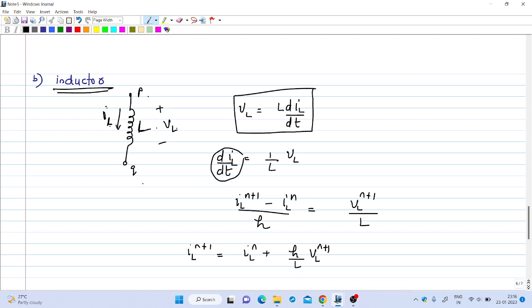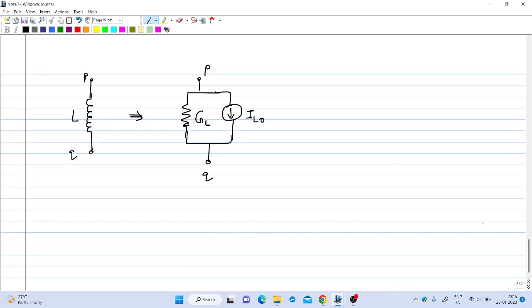Now dIL by dt can be written as IL n plus 1 minus IL n divided by H, and the right hand side is replaced by its value at n plus 1 instant. This is from backward Euler method. Now if you do some rearrangement, you can write IL n plus 1 is equal to IL n plus H by L into VL n plus 1.